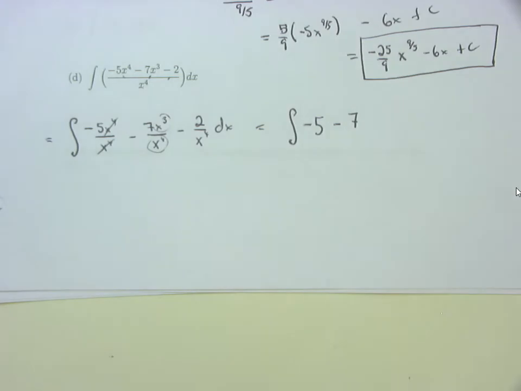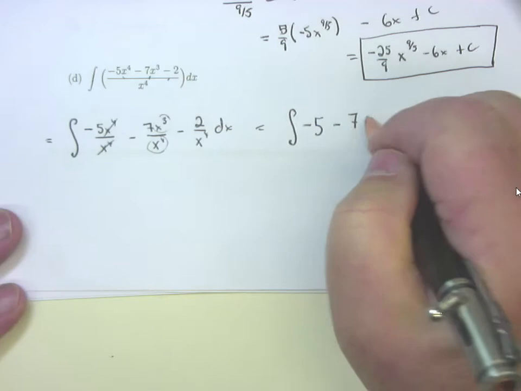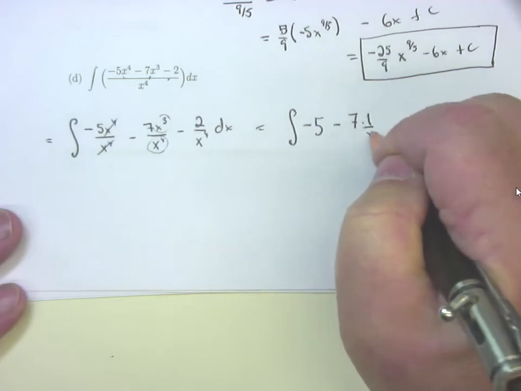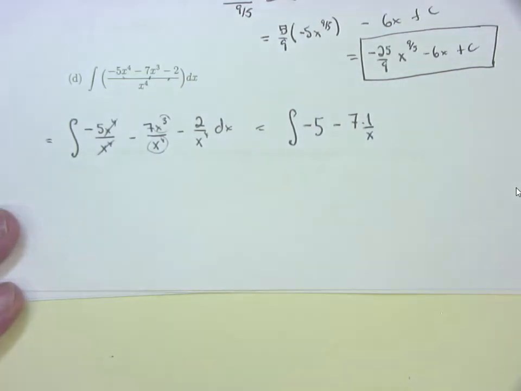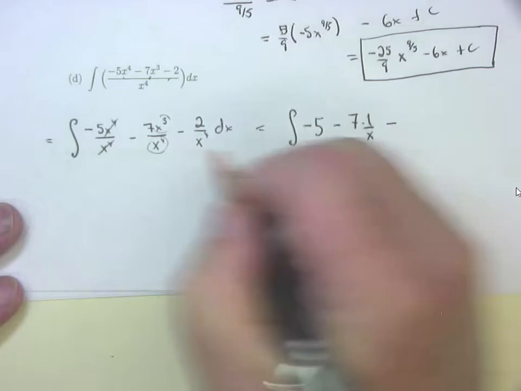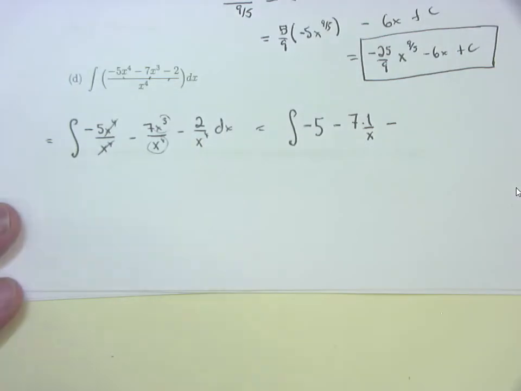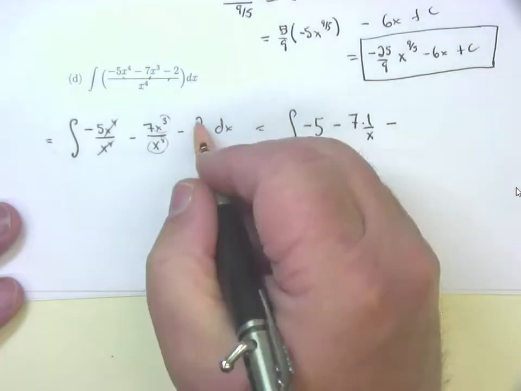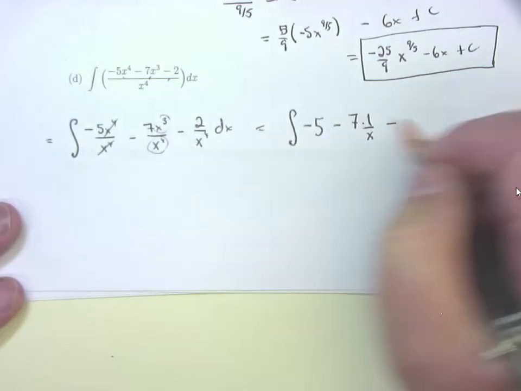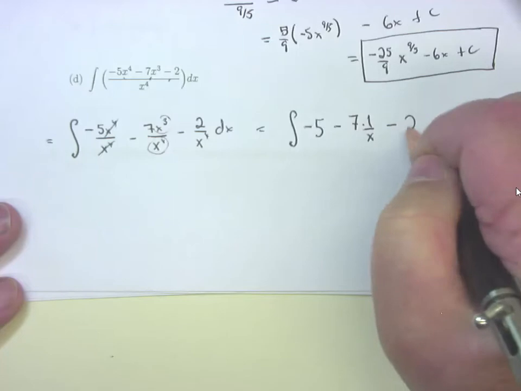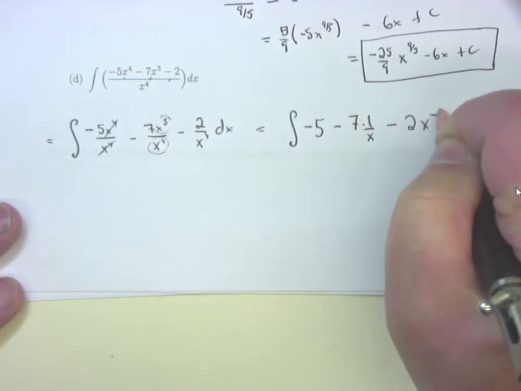Well, x to the negative 1, or better yet, just 1 over x. That'll be times 1 over x. Does that make sense? And the reason why I'm leaving it as 1 over x is that's a rule we have memorized. Okay? Minus, now this guy's got a power. When I got a power, I don't like powers on the bottom. I'm going to bring them to the top and make that exponent negative. So minus 2 over x to the 4th, that'll give you minus 2 times x to the negative 4 dx.